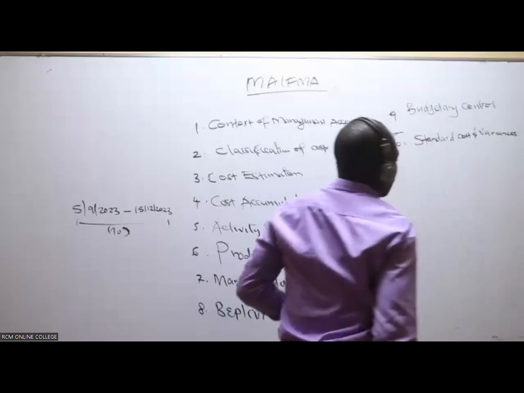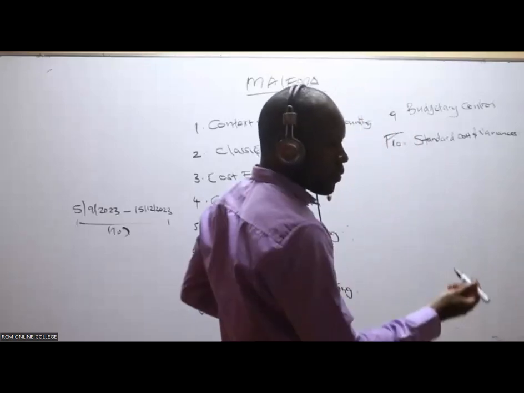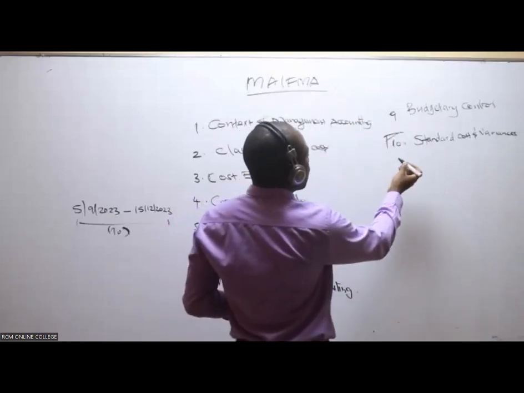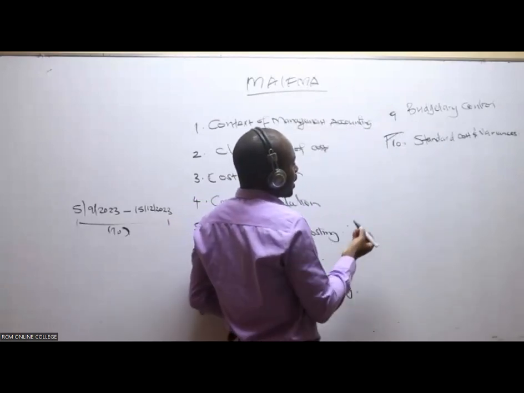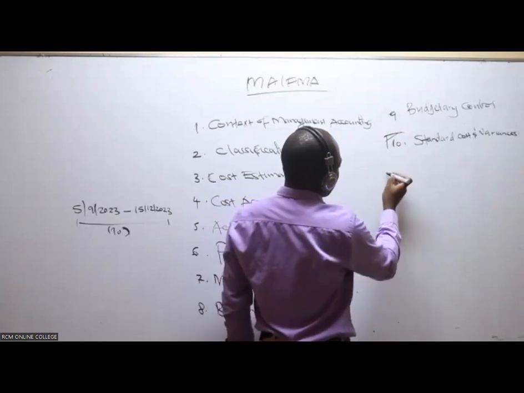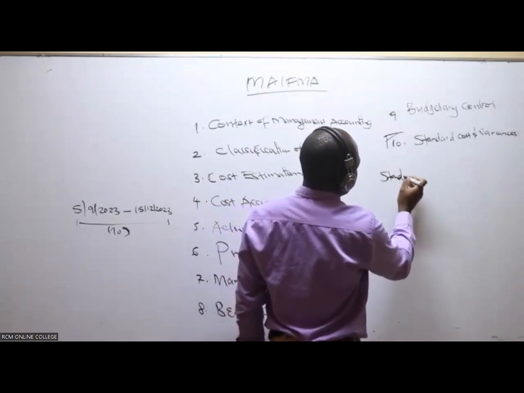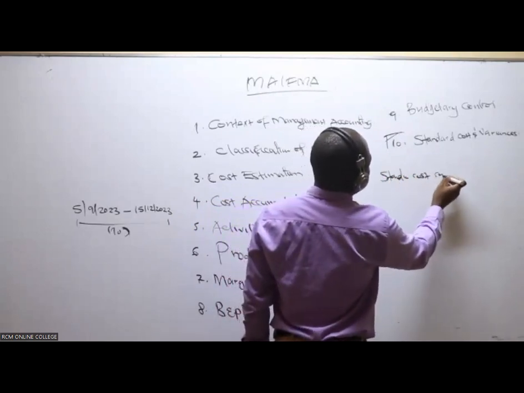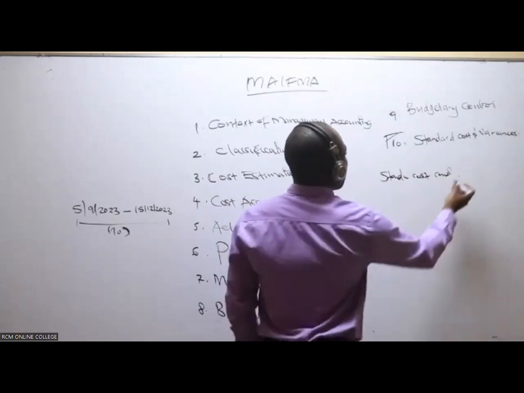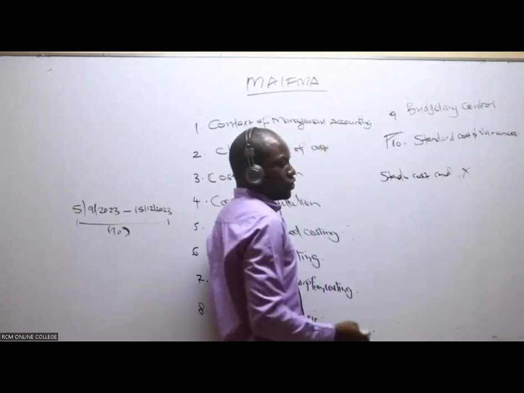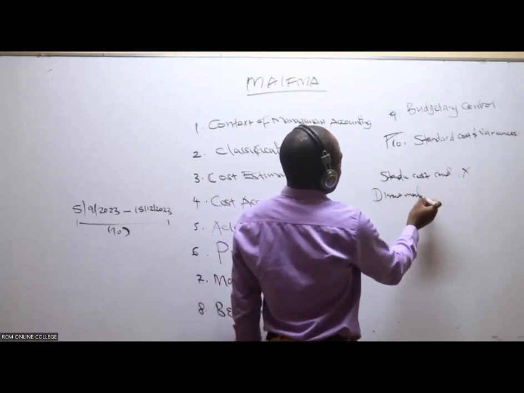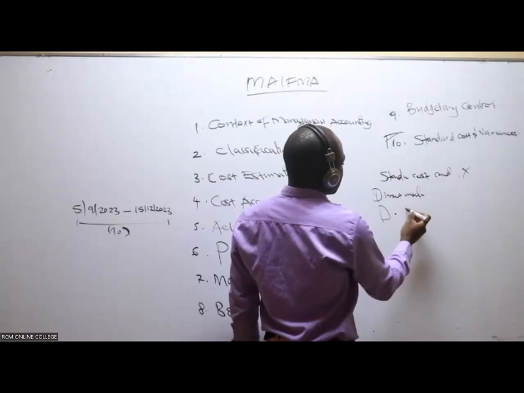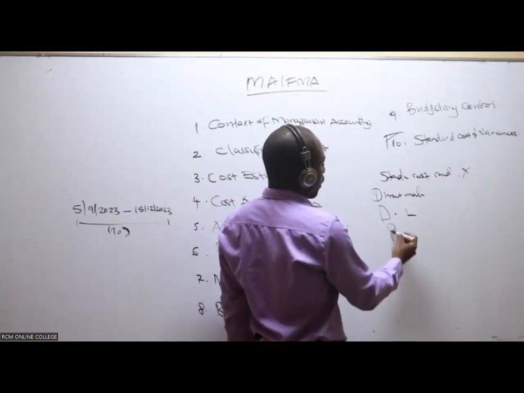You have what we call this standard cost. You are going to be given the standard cost card. So we have a standard cost card of maybe product X. You need to have direct material, direct labor, then you get your prime cost.